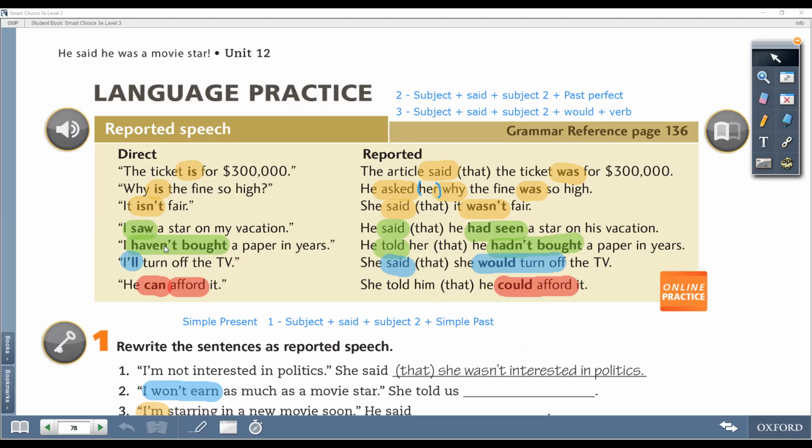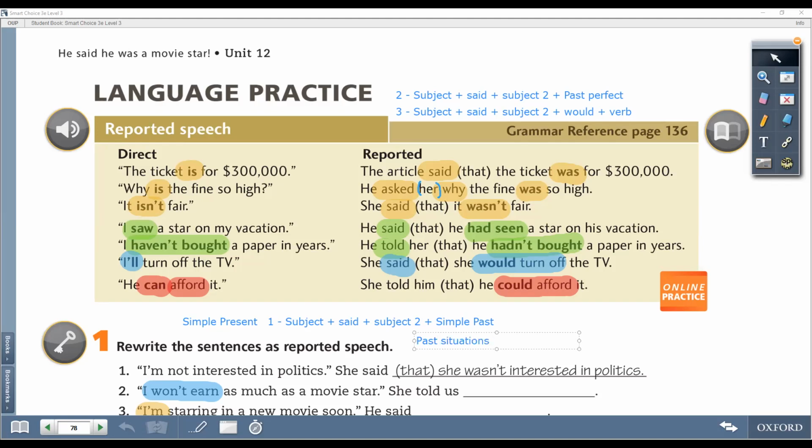Situation 2, now green. The verbs here are in the simple past. Actually, the first one, okay? The first one is in the simple past, the second one is in the present perfect, but they are talking about the past. Okay, so let's put there. I'm going to put here. Past situations.